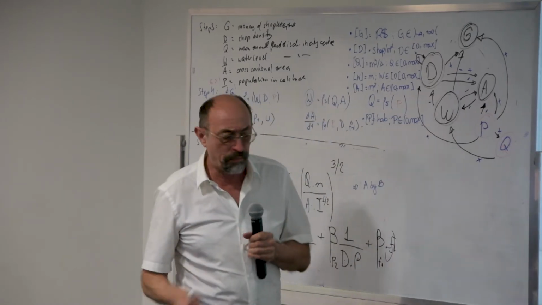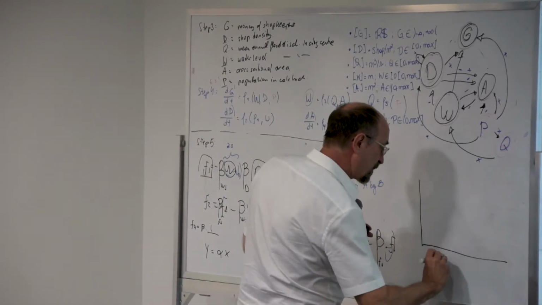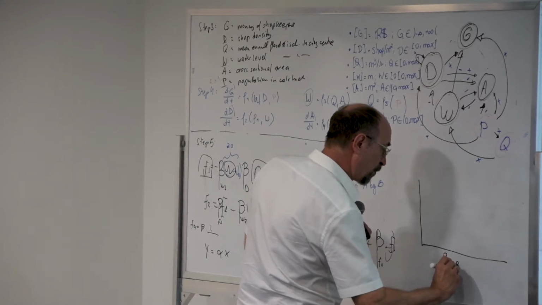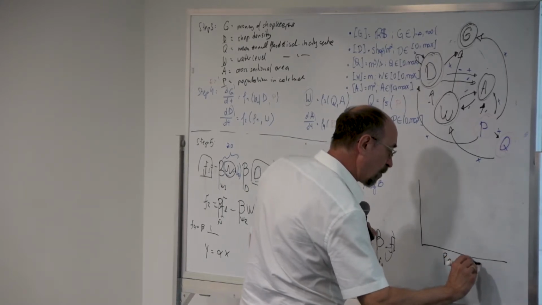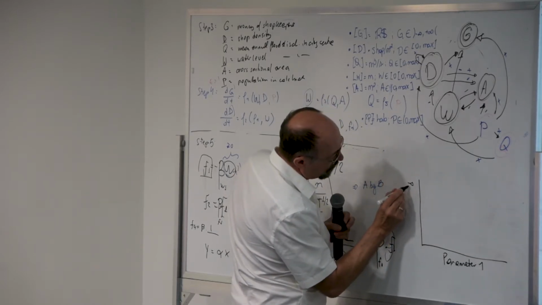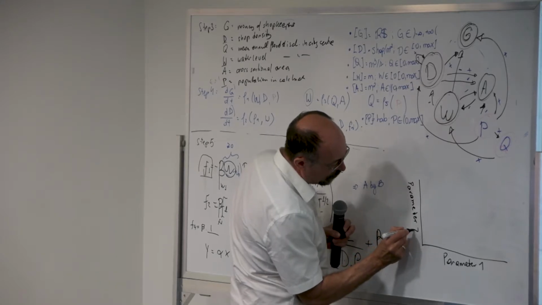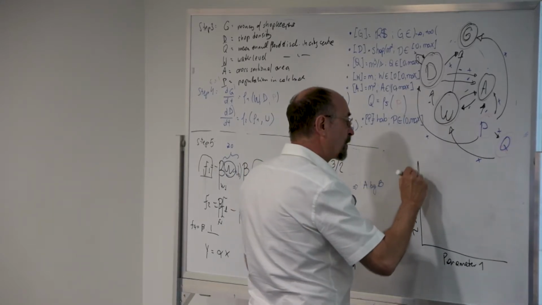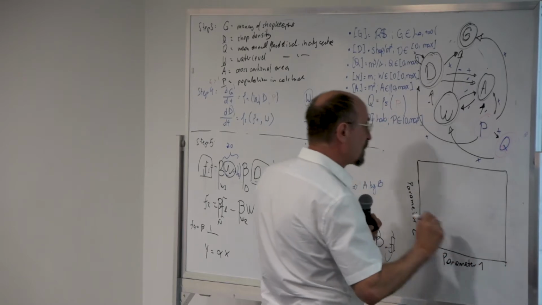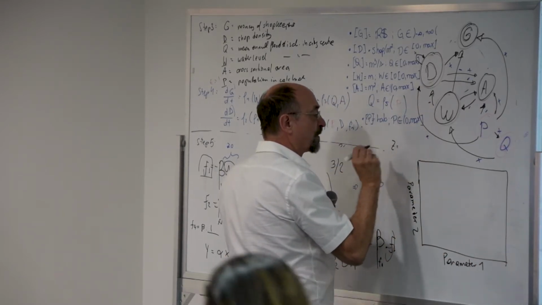Okay, now I'm plotting the response surface. This is parameter 1, and this is parameter 2. And what I'm plotting here is Z, the objective function.